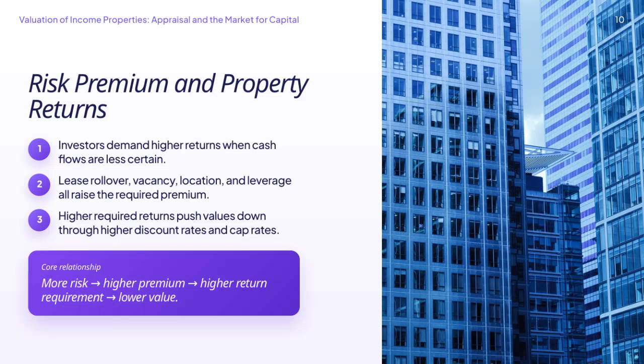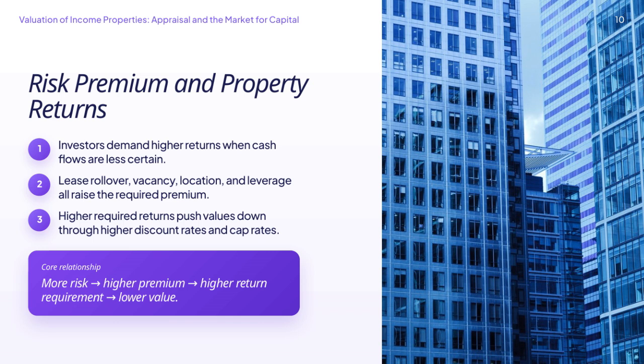When investors face uncertainty in cash flows, they naturally demand a higher return to compensate for that risk. Several factors contribute to this increased risk premium, including lease rollovers, periods of vacancy, the property's location, and the use of leverage. Each of these elements makes future income less predictable, so investors expect more return for taking on that uncertainty.